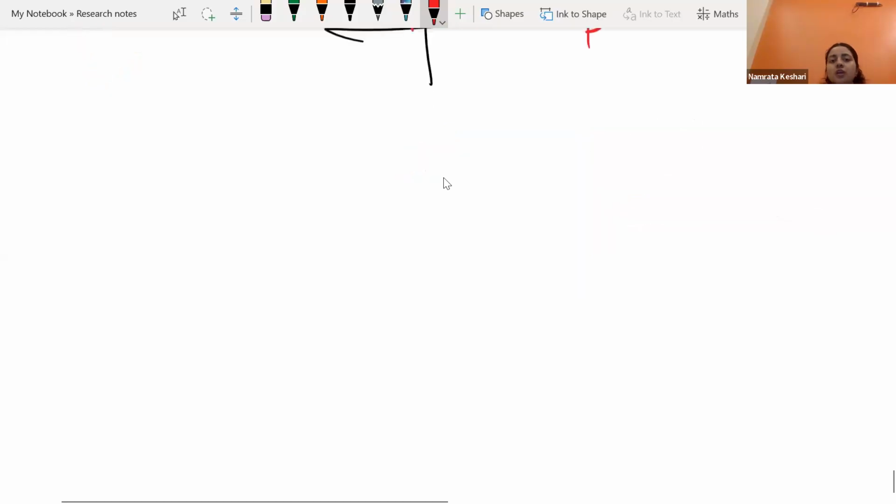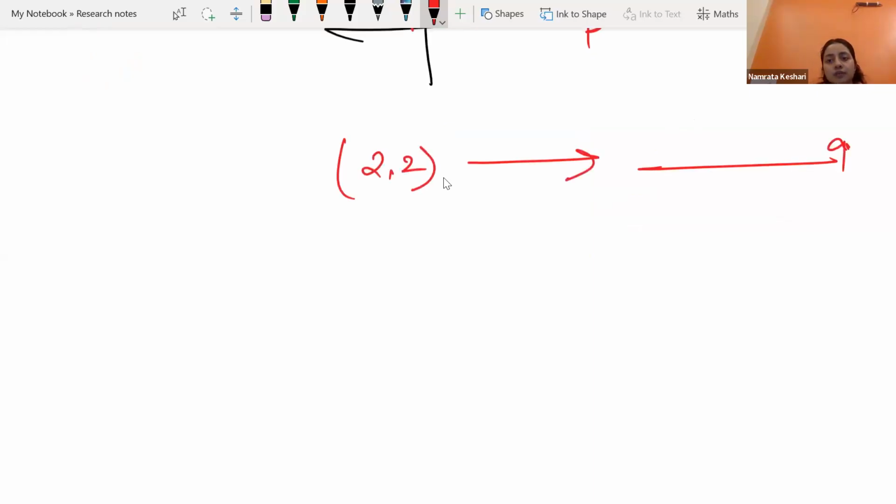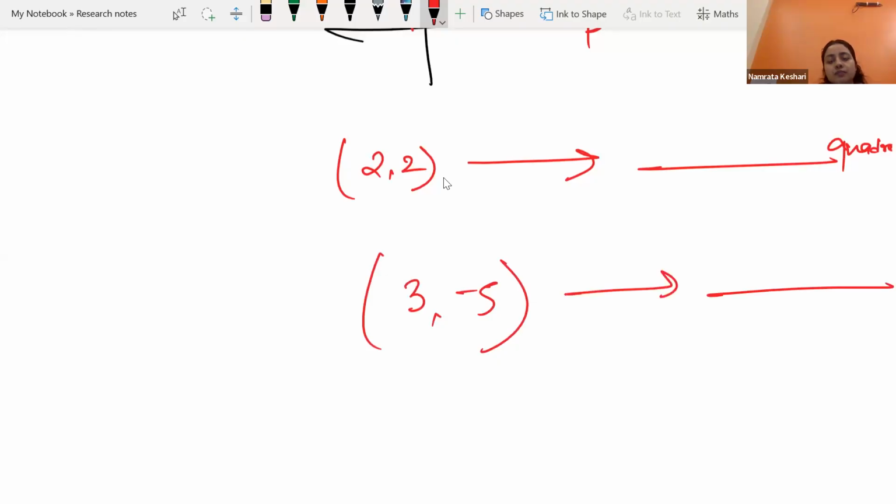Now these types of questions, where the question will contain a point like (2, 2), which quadrant is it going to lie in? Ma'am, first quadrant. (3, minus 5), which quadrant will it lie in? Second quadrant? Okay. Please check it carefully. x is positive, y is negative, so fourth quadrant.